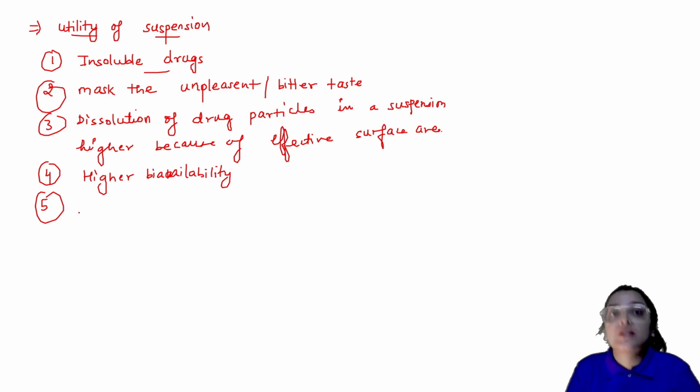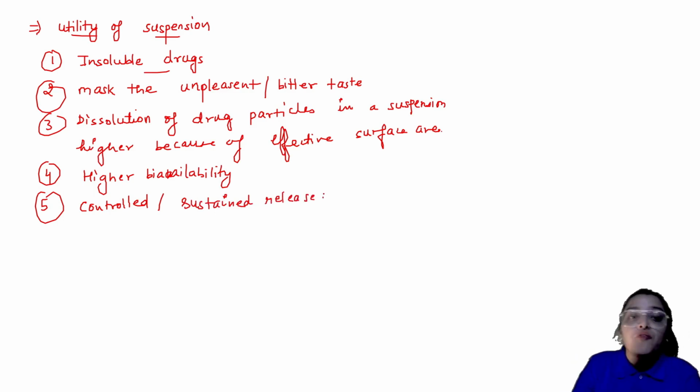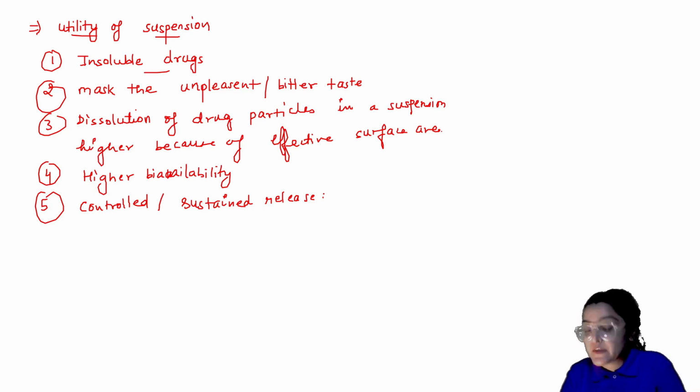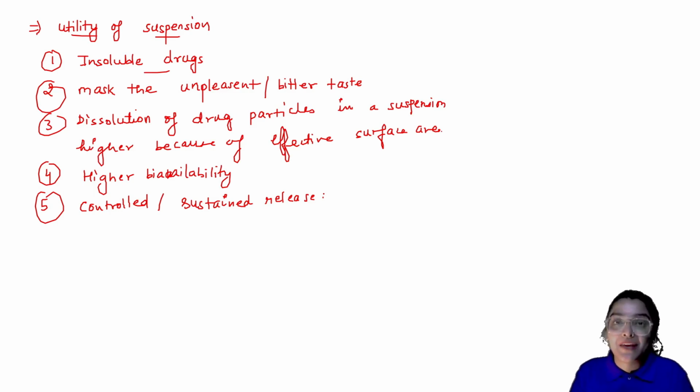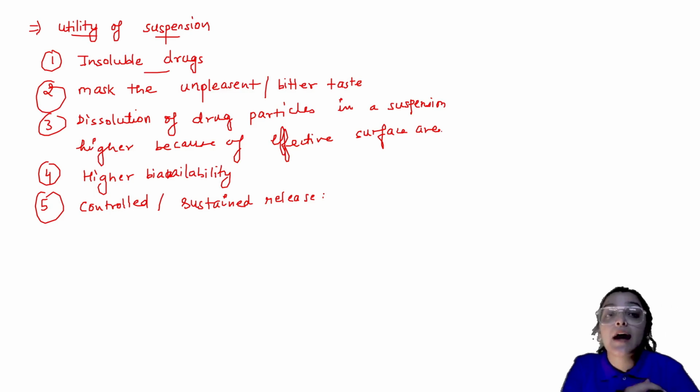Other than that, to achieve a better, controlled, or sustained release, you can formulate your ingredient into a suspension, so that there is a prolonged systemic effect of your therapeutic agent, your active ingredient. So these are some basic utilities of your suspension and the advantages you can follow for formulating any drug as a suspension.